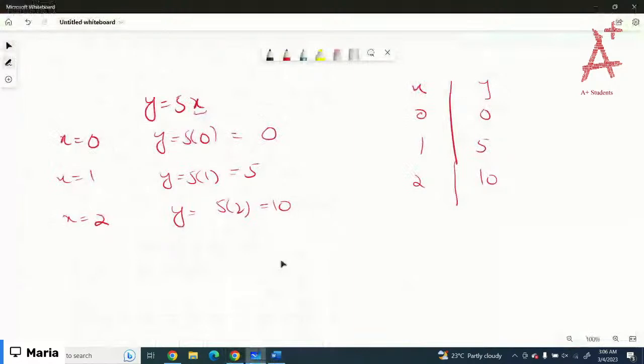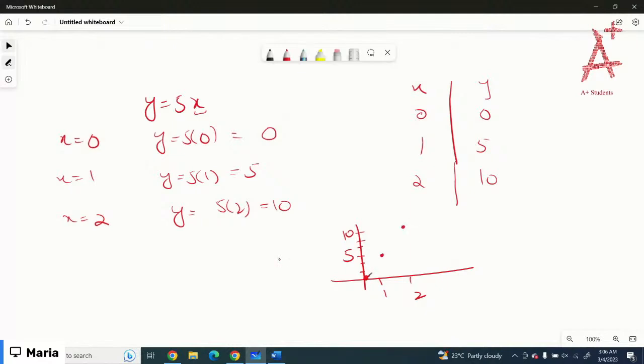Okay, let's just make a table and graph of these values. Here you have x is 0, 1, 2, and y is 0, 5, 10. When x is 0, y is 0, there is a point 0, 0. When x is 1, y is 5, there is 1 and 5. When x is 2, y is 10, here is 2 and 10. Got it?